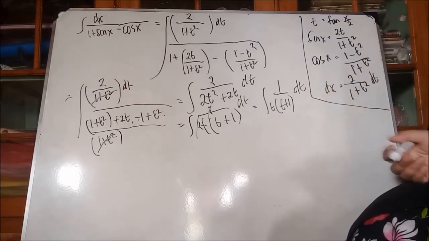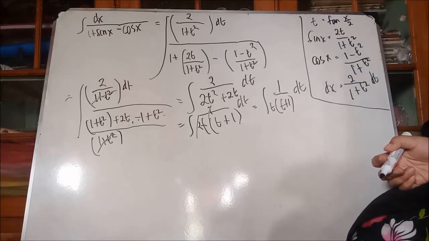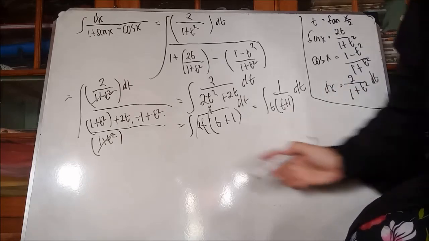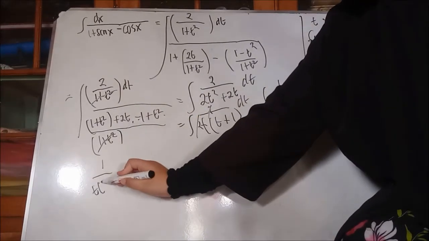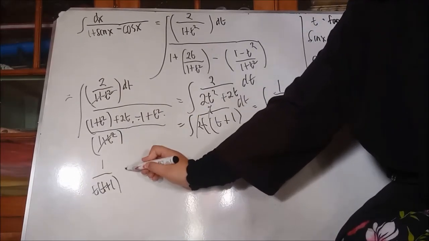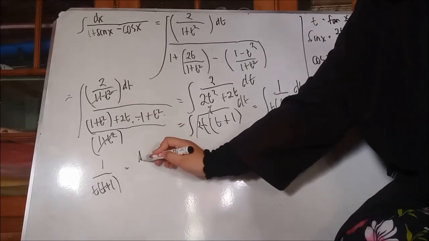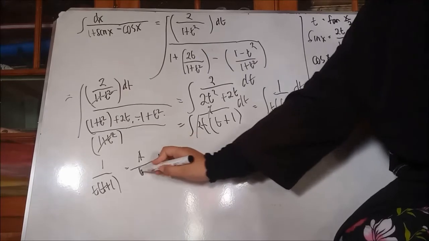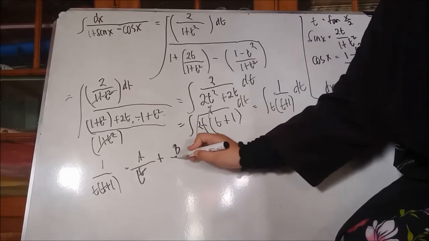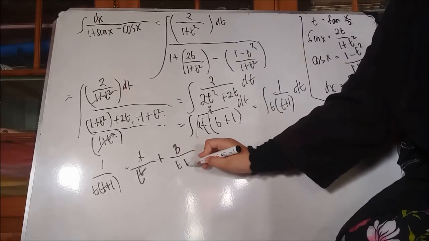So from here we can use the method of partial fractions. We have 1 over t times t plus 1. So it means that we have a over t plus b over t plus 1.